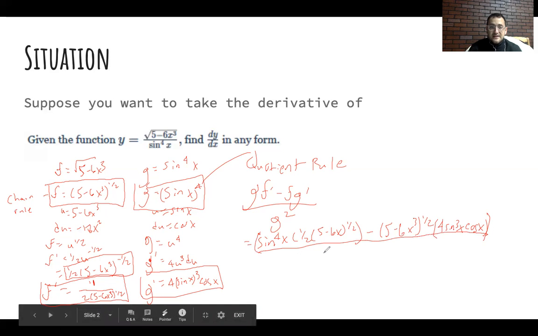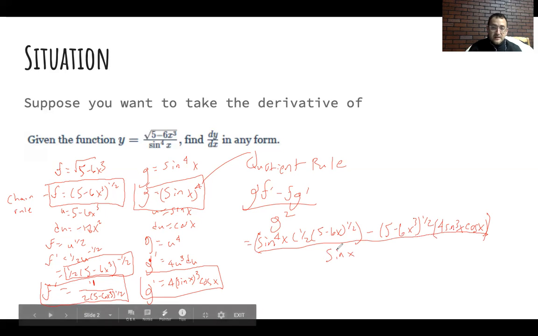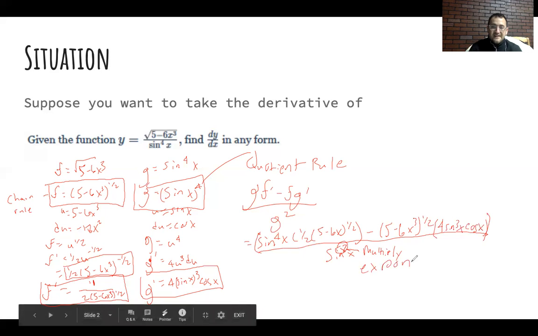So this is sine x to the, so let's see, if we're squaring the 4th, remember we multiply the exponents. So this would be sine 8th of x. The answer is really, really ugly, but we are done officially.